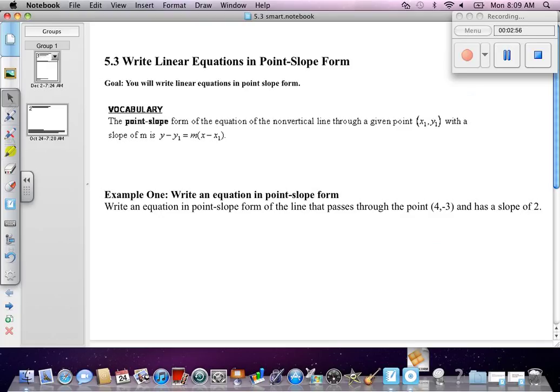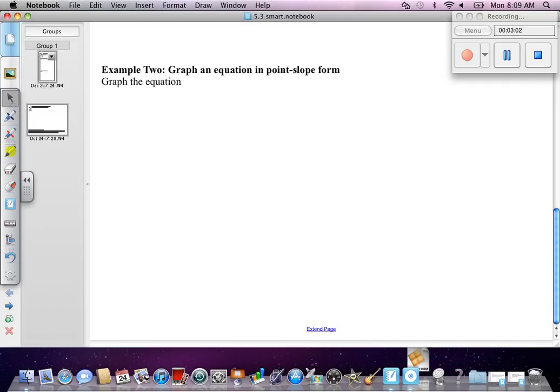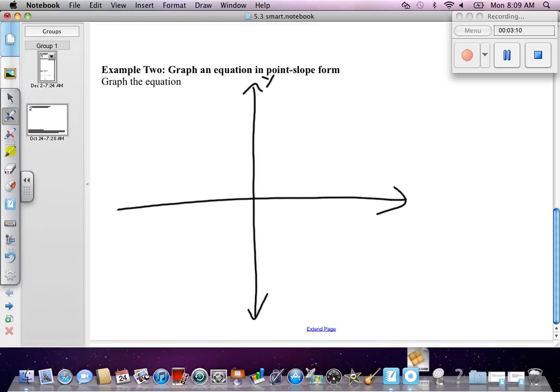Okay, so you have better graph paper on yours than I do. I'm drawing my own in. So bear with me. Yours should look much neater. So here's my y-axis. Here's my x-axis. And here is my equation.